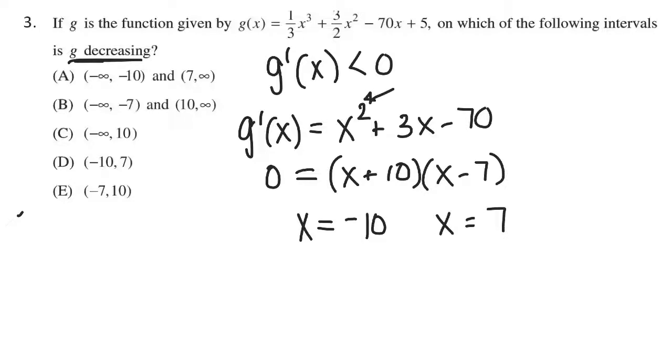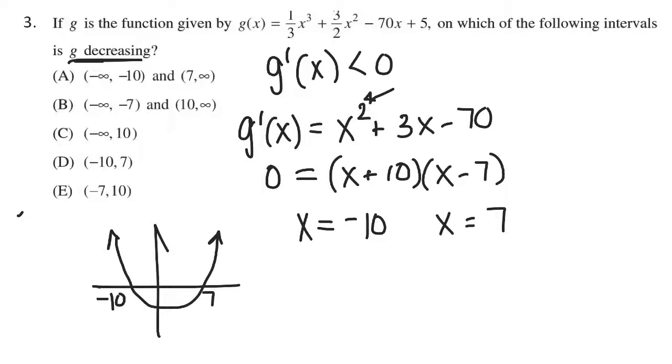We have x squared, and we see that this is a parabola crossing at -10, and we're crossing at 7. And if I want to know where my derivative is negative, then graphically that is talking about where we are below the x-axis. And notice we are below the x-axis between negative 10 and 7.